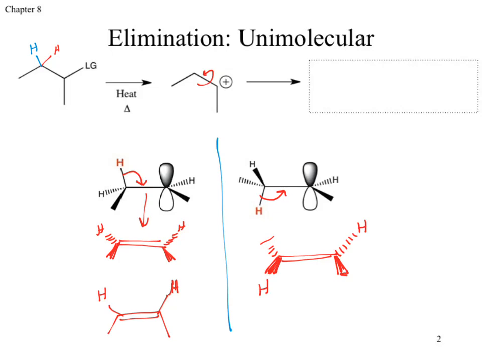All right, what happens if we now take this weird wedge-dash structure and take it out of the plane and rotate it down so that we can put all those atoms into the same plane? Do that one awfully large. Exact same mechanism. Do I generate the same product? No.